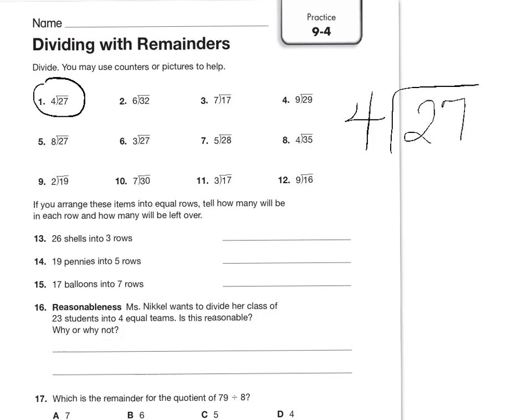We need to look at this number right here, the 27, and more importantly the first digit on the left side. In this case it is a 2, and we need to ask ourselves, can we do 2 divided by 4 without getting a decimal? Or is 2 larger than our divisor 4?